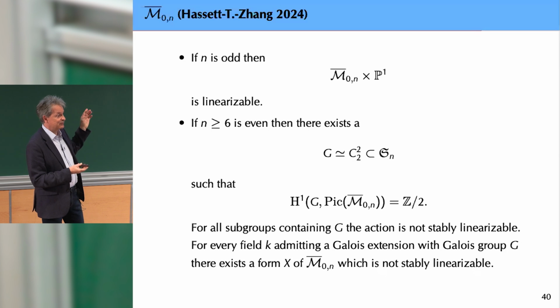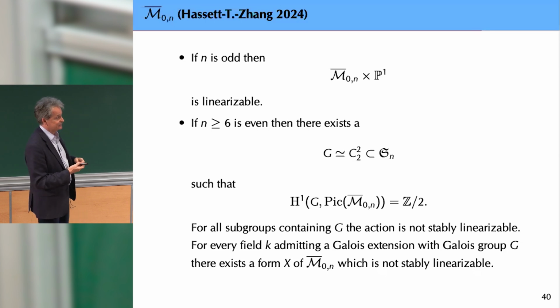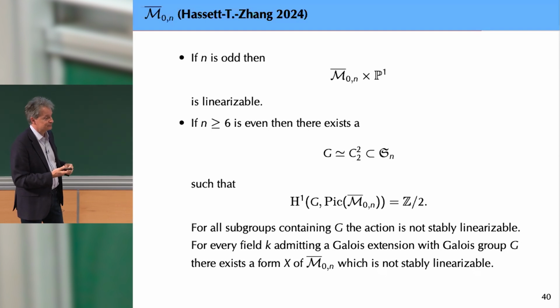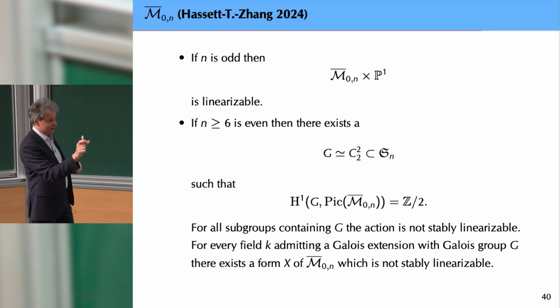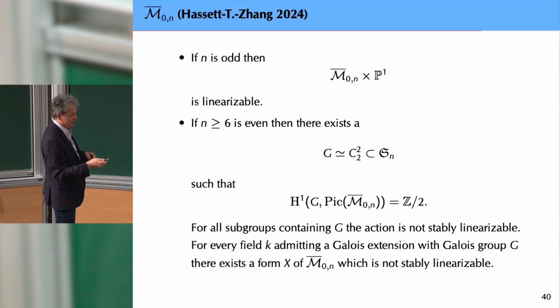For the even ones, where we produce cohomology, it's independent of characteristic. Cohomology is there. So for the even ones, I know there will be examples. For the odd ones, I don't know. So, well, it's M0p, where p is a prime. Yeah, I understand. But the cohomology comes from C2 squared. So, okay.